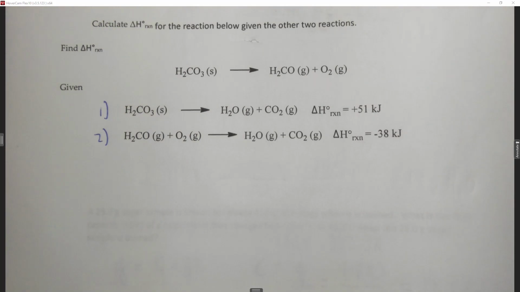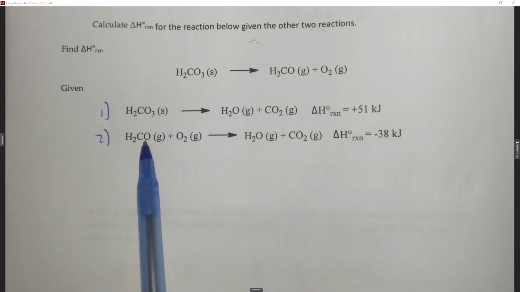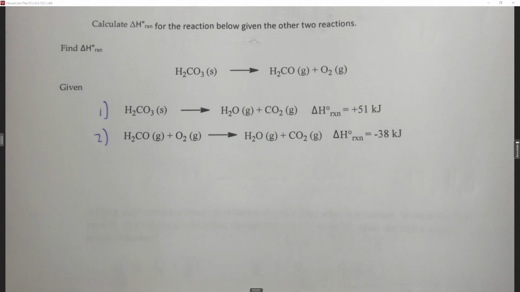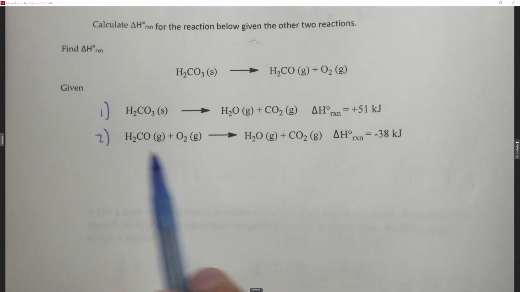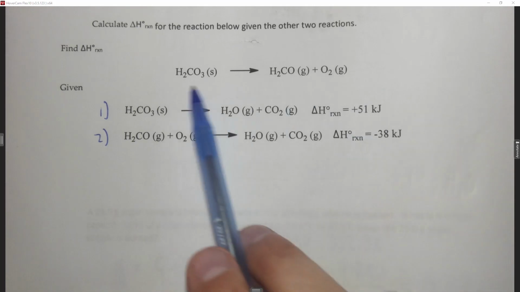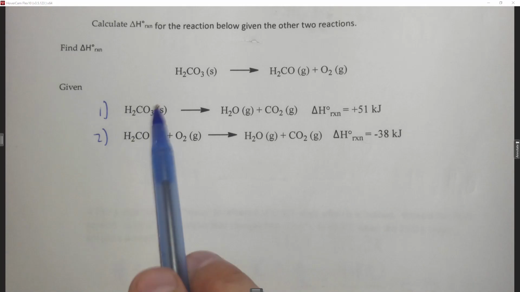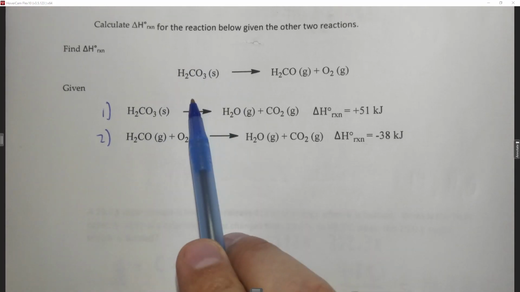When you add chemical reactions, you literally just write all the reactants on one reactant side of a larger reaction and all the products on one product side. With Hess's Law, what you're looking for is what's unique about each reaction in the overall reaction. I see carbonic acid here and in the overall reaction.